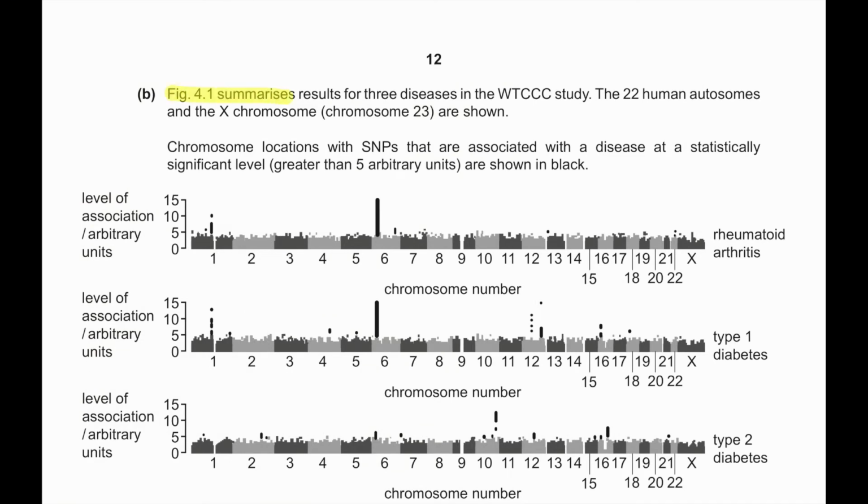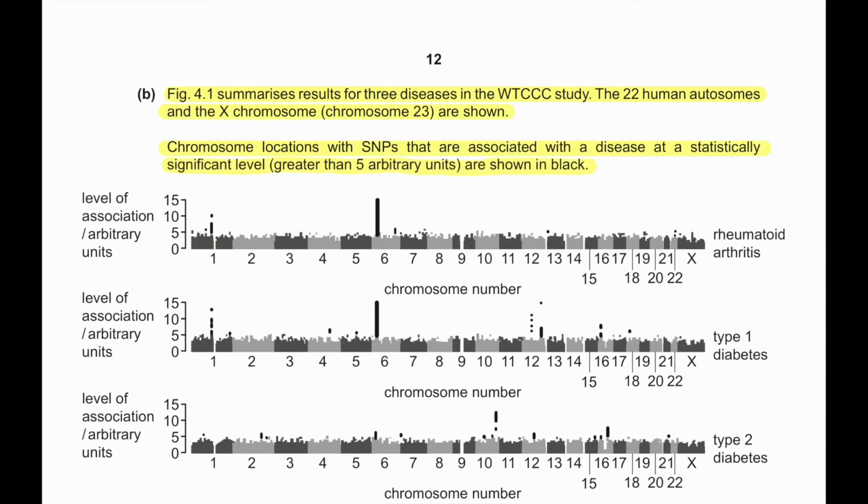Figure 4.1 summarizes results from 3 diseases in the WTCCC study, the 22 human autosomes and the X chromosome. Chromosomes 23 are shown. Chromosome locations with SNPs that are associated with the disease at a statistically significant level greater than 5 arbitrary units are shown in black.